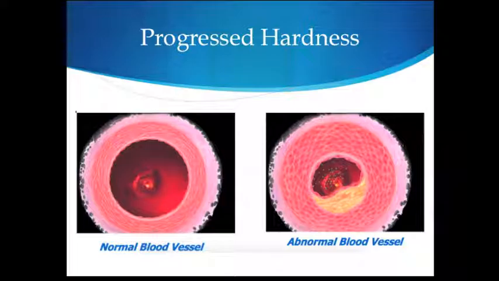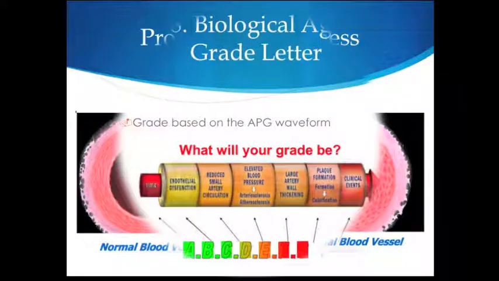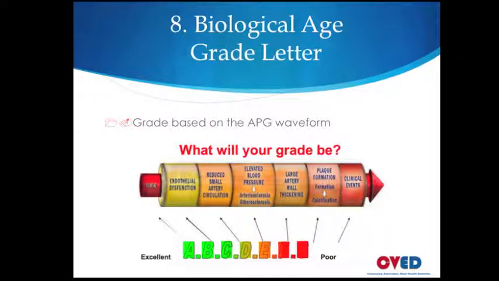And of course, heart disease is the number one killer in the world, and a silent one at that. So if you're coming out a G-type from an APG, then you really need to get yourself to a doctor, because you would be what we're classifying as a clinical event through the digital pulse wave analysis.